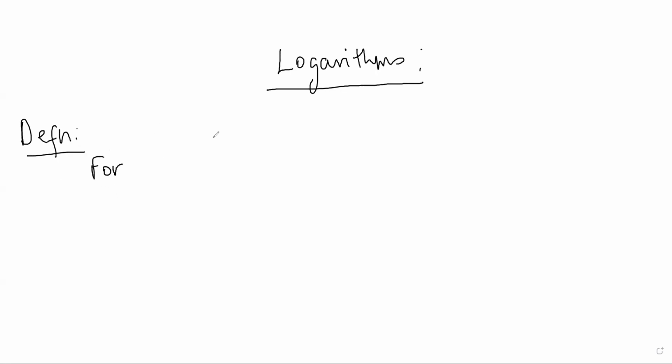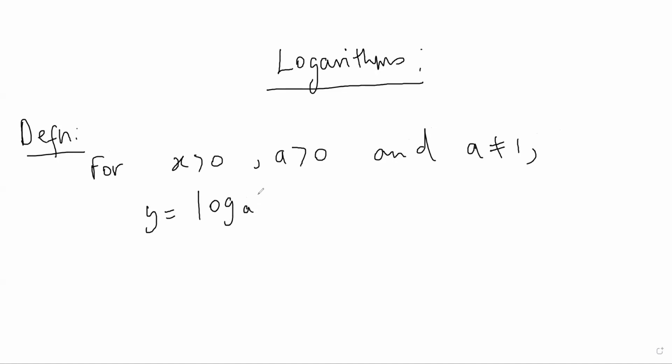So for x that is bigger than 0, a that is bigger than 0, and a that is not equal to 1, y is equal to log a x if and only if a to the power of y is equal to x.